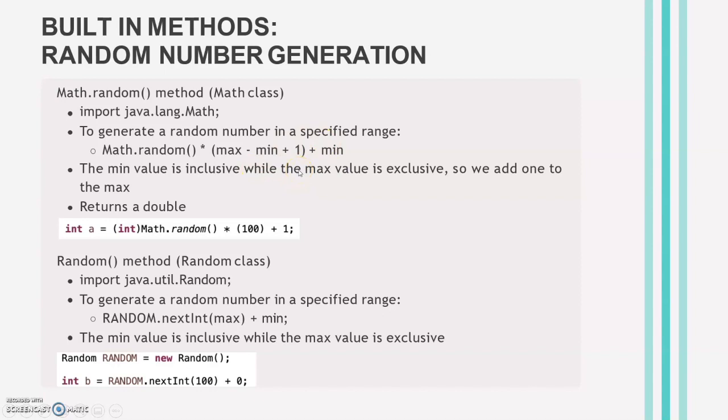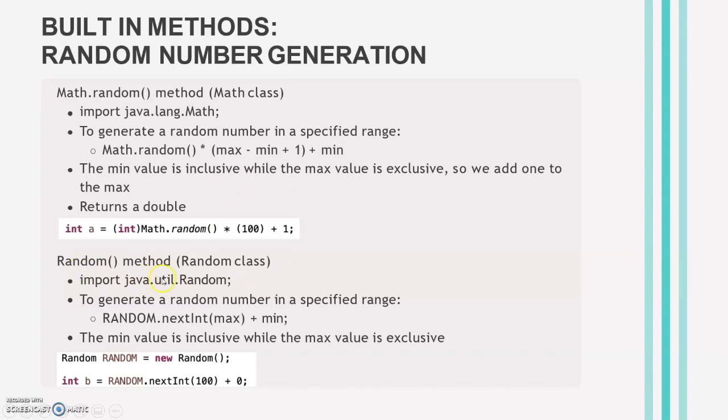That might be a bit confusing now, but it'll make sense later. So the min value is inclusive while the max value is exclusive. So we add 1 to the max. And then the function itself returns a double, so we need to cast that to an integer, which is what these parentheses are. If you want to cast a value to another type, use parentheses. And so this one generates a random number between 1 and 100 because it's times 100 plus 1. So 1 to 100 is the range.